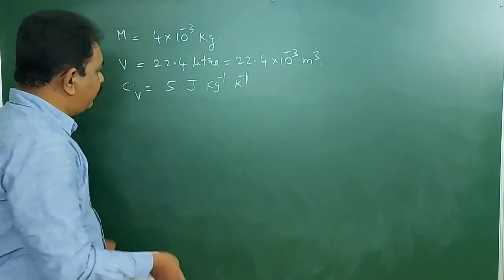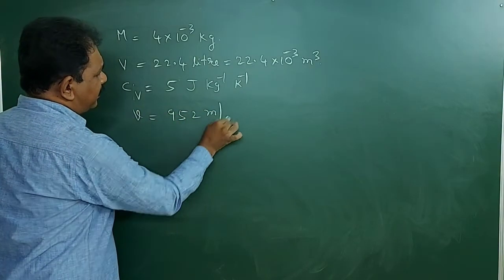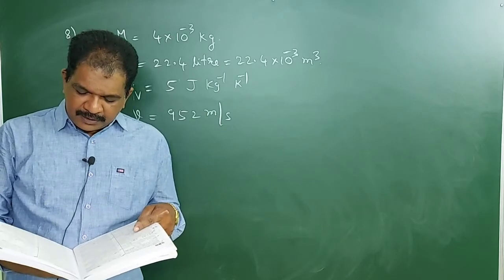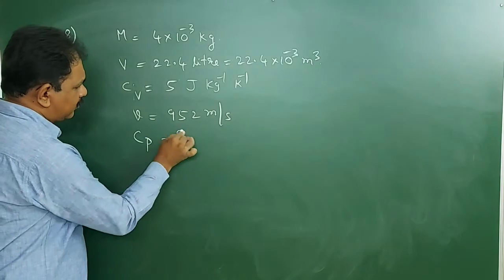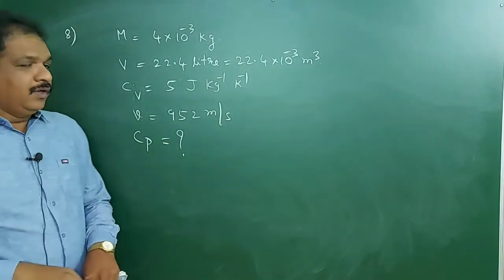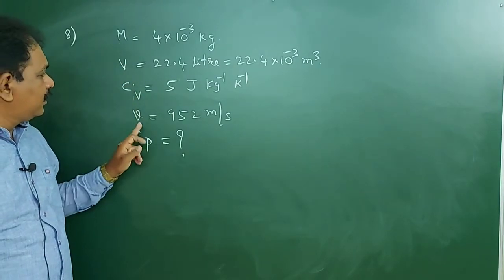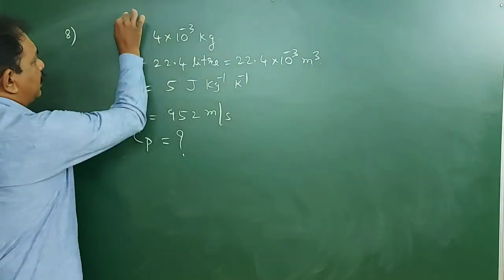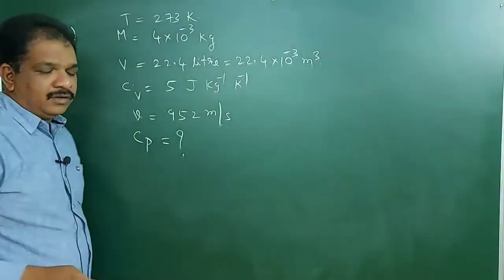Speed 952 meter per second. Then specific heat at constant pressure is how much? Okay, V is equal to square root of gamma RT by M. T is NTP, na? NTP means this value 273 Kelvin.